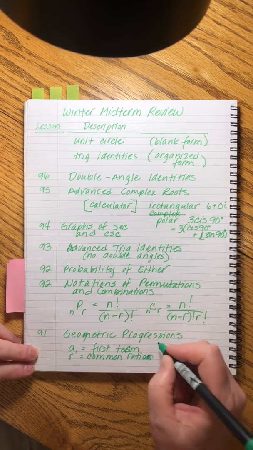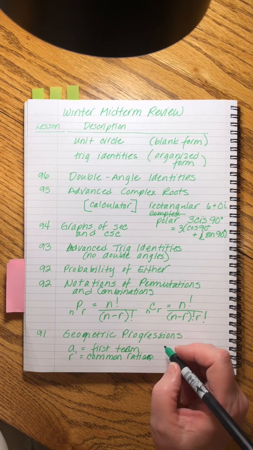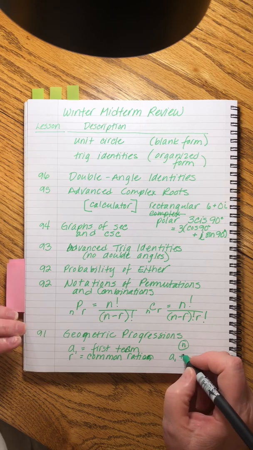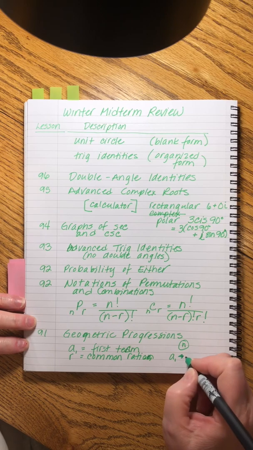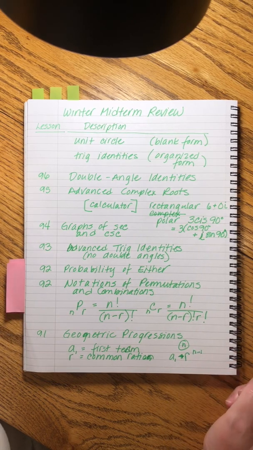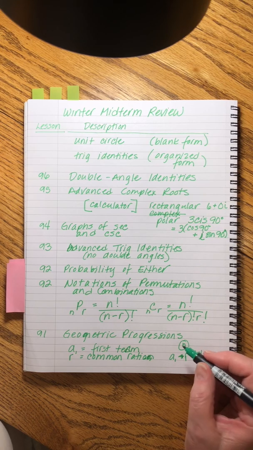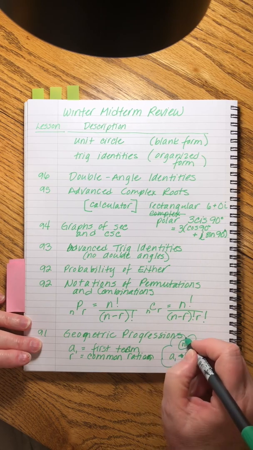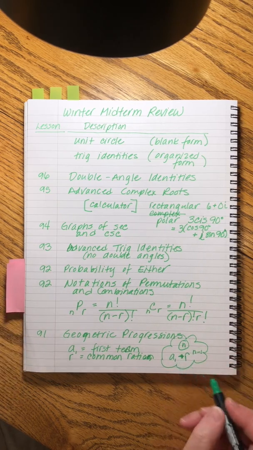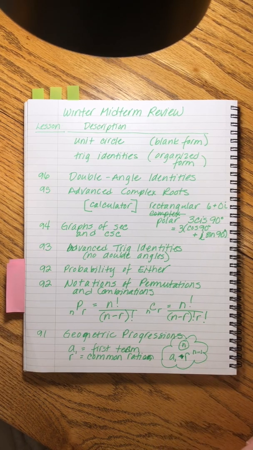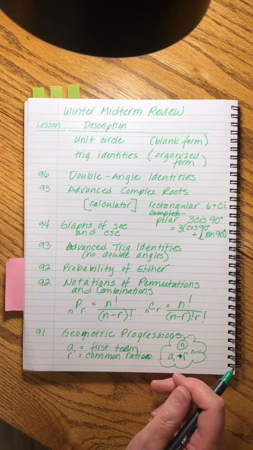And then we can say for the nth term, it's a sub 1 times r to the n minus 1 exponent, right? So with this form, we can find any term if we have the initial value and the common ratio, all right? One of these is highly likely.